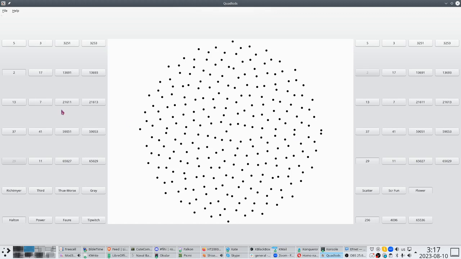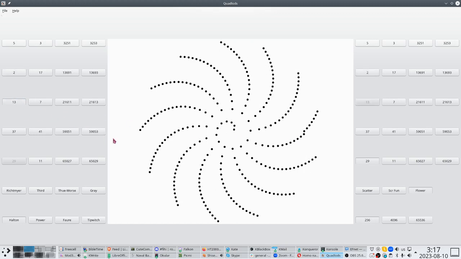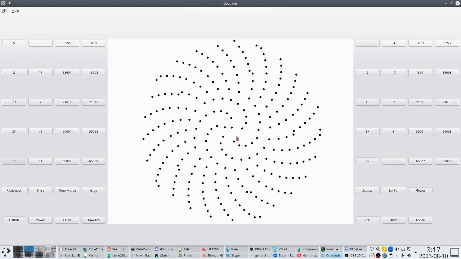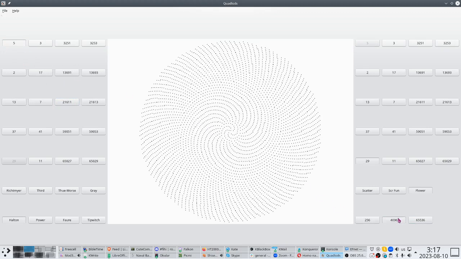Halton flower plots are always counterclockwise out, except for 2, and feature broken Richtmyer spirals, which is easier to see with more points. If you look here and here, you can see where the spiral breaks.